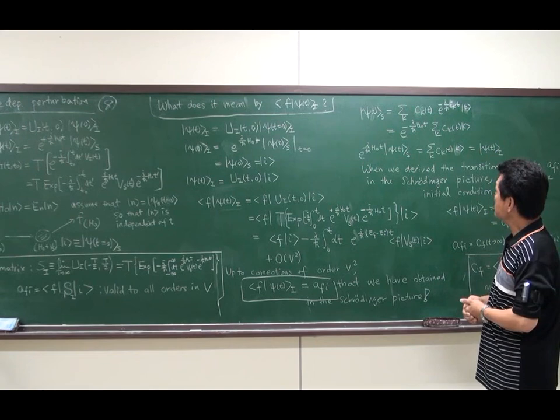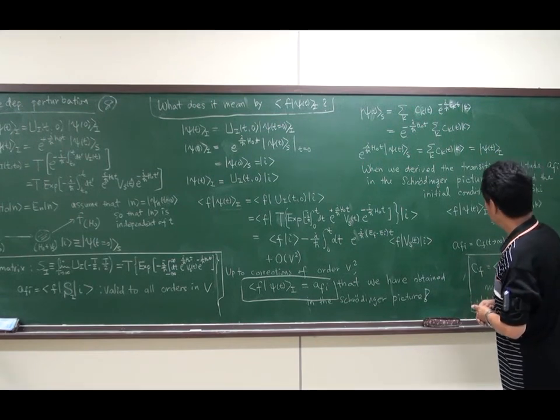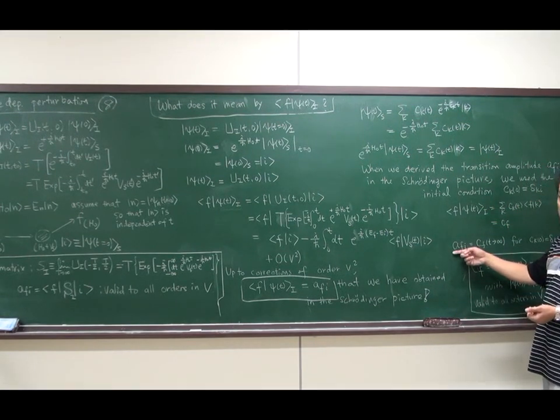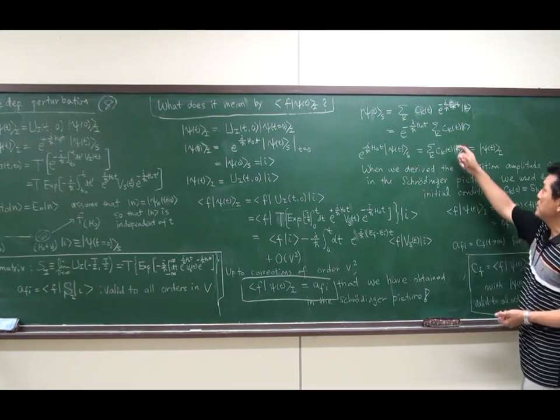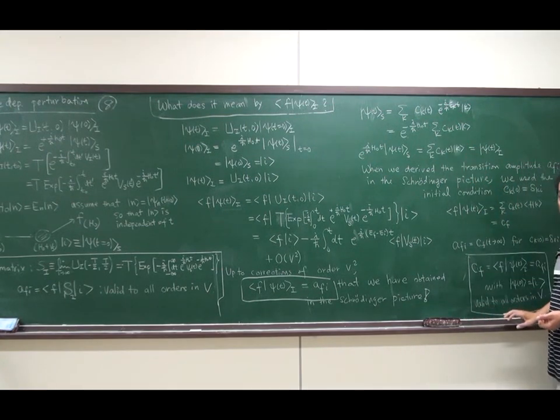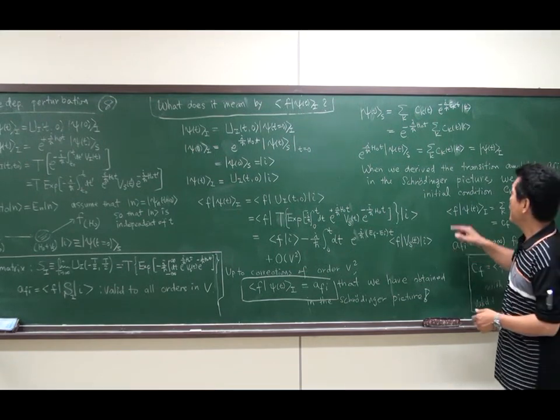So if I want to compute A_fi, the transition amplitude, that is c_f at t goes to infinity, with the condition that c_k(0) is delta_ki. That means at t equals 0, only the state i survives and all the other states vanish.